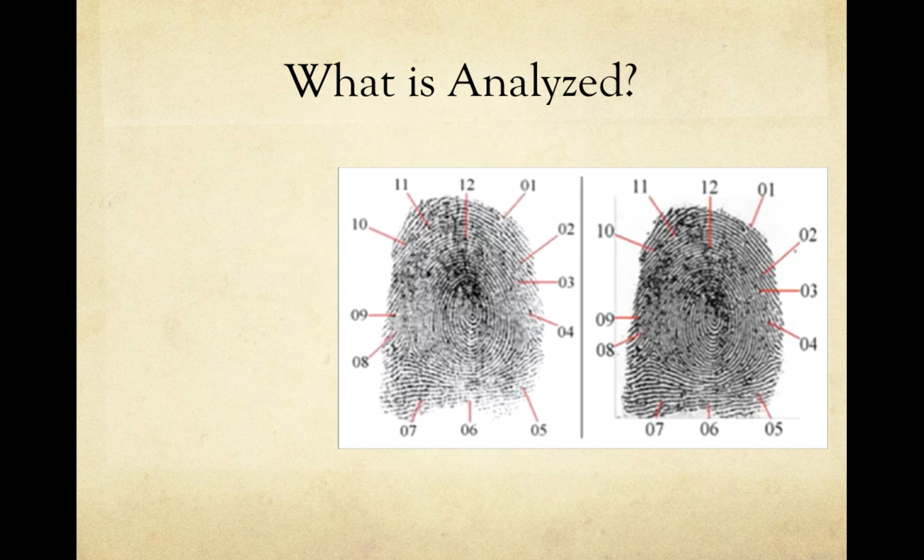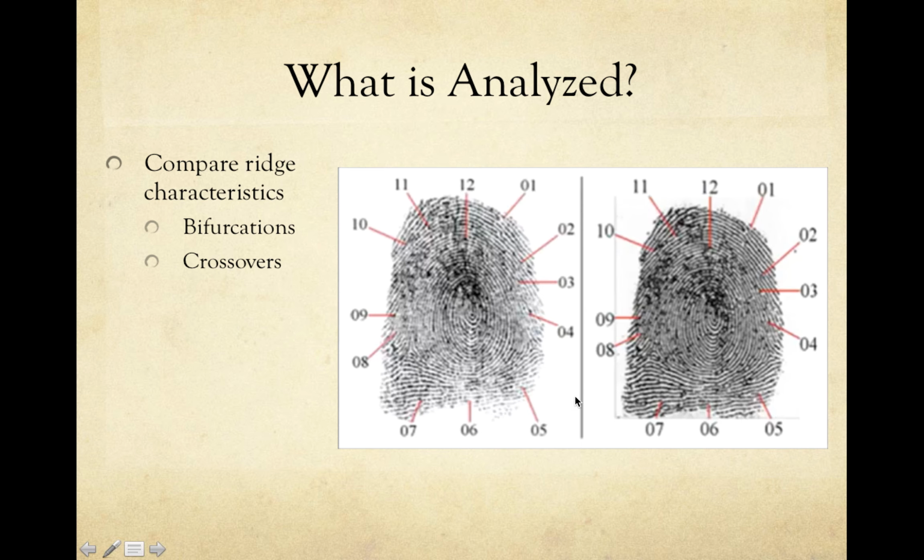So let's look at what these experts really try to examine. This is a set of fingerprints in which an examiner has determined that there was a match. First you can see they compared the ridge characteristics, and the characteristics that are noted to be very similar here.